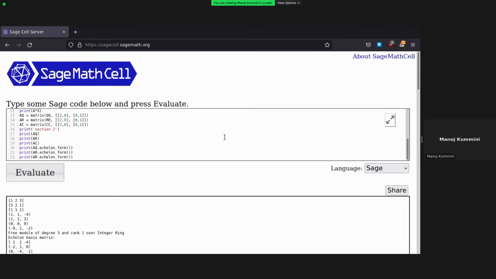Okay, and what else is here? The things that Sage has an interface with, it can also do them. I just wanted to show you that if you have to do small computations, you don't need to install it. You can just use this public server.